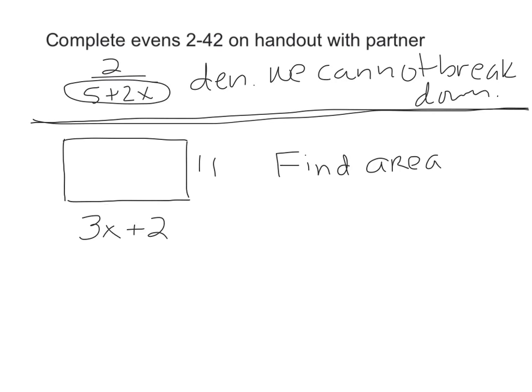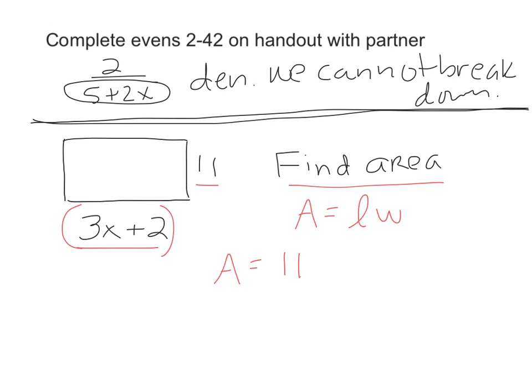One place we can use what we've been talking about with the distributive property and simplifying is finding the area of a rectangle. The area formula of any rectangle is length times width. Here is our width, here is our length, or vice versa. It really doesn't matter. Since this is representing 3x plus 2 as the entire side, I'm going to put that in parentheses.